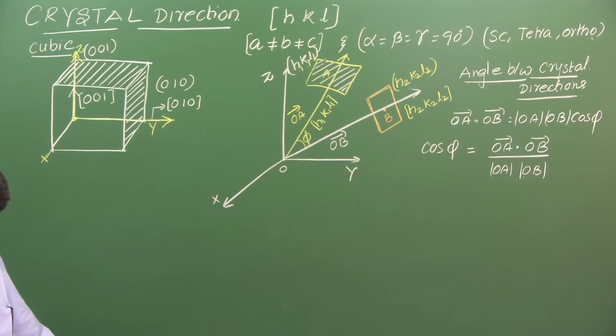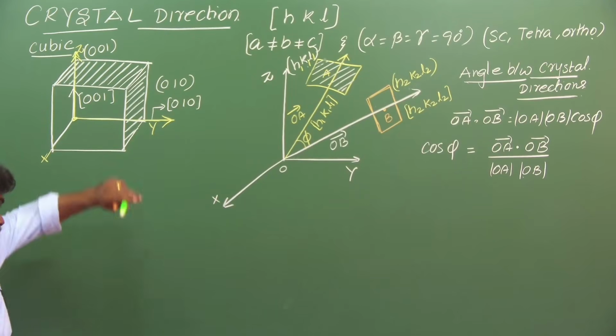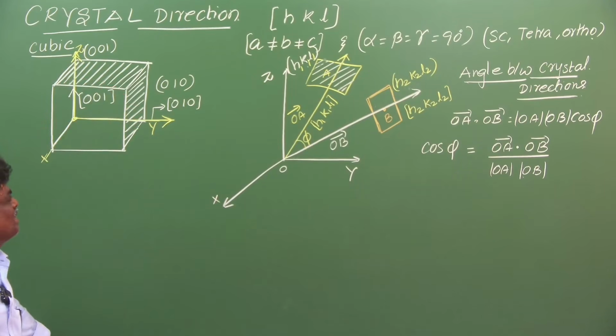Why? We want the vector. How to get that vector?